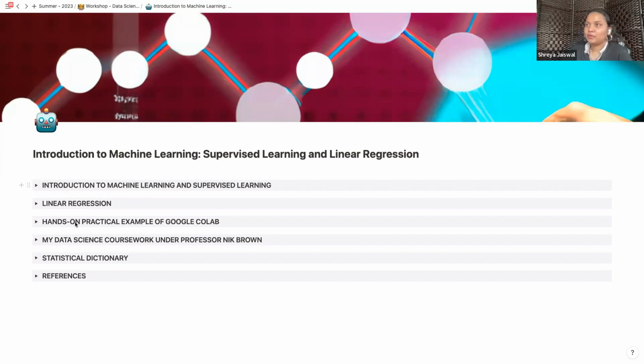Then I will be referring to a particular case study, and based on that case study I'll be going through the different terms, like how supervised learning is used for that particular case study. The same case study we'll be using to go through the code as well. And then I'll talk a little bit about my coursework, which I did last semester.